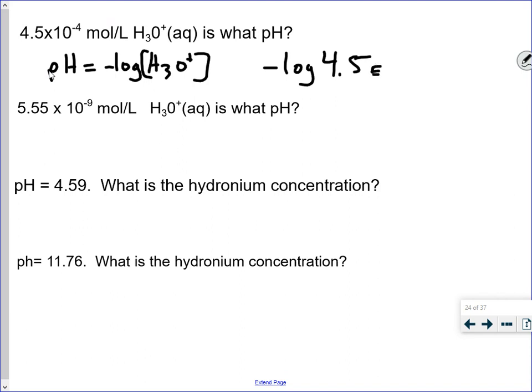And a little e shows up. And then I press negative 4. And then I press close brackets. That's what I have to put into my calculator, because by putting negative log, it puts a little bracket there for you. It keeps the number separated.